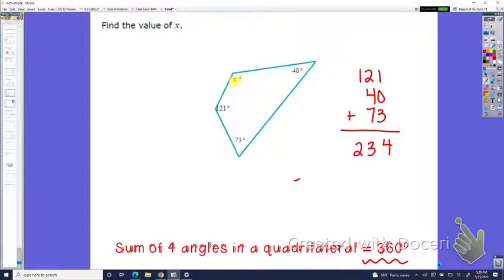And then you're going to take 360, subtract 234 to figure out what's left for the remaining 4th angle, which is 126. So x equals 126.